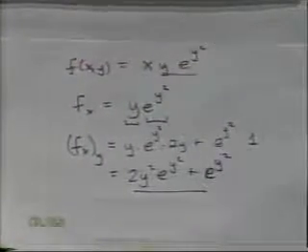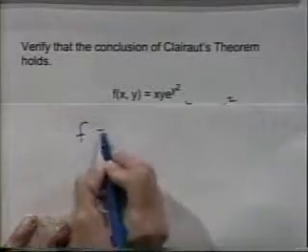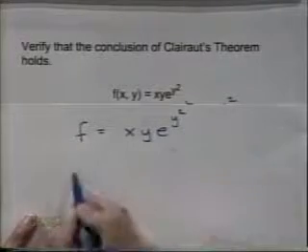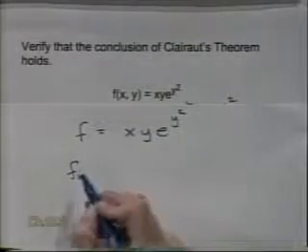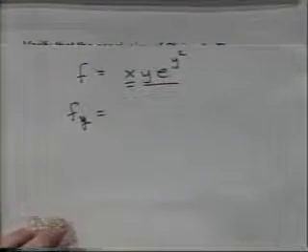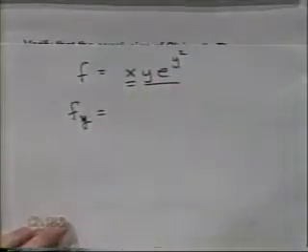All right, now let's do fyx. Okay, now what do we have here? We have f is equal to x y e to the y squared. So if I'm differentiating with respect to y first, notice you have a constant times a big old fat function. If I have a constant times a function, I like just to factor the constant out. Would that be okay? So I'm going to do that.